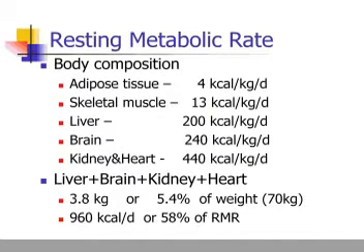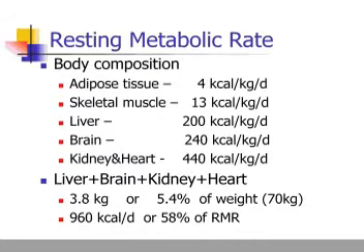Skeletal muscle, 13 kcals per kilogram of weight per day. And the big three are liver, at about 200 kcals per kilo per day, brain 240 kcals per kilogram per day, and the kidney and heart about 440 kcals per kilogram per day.